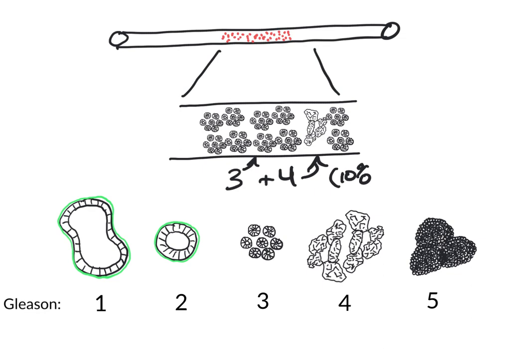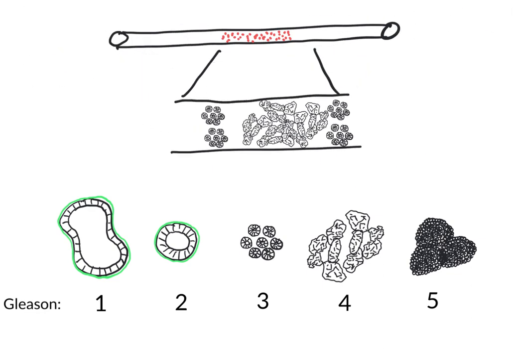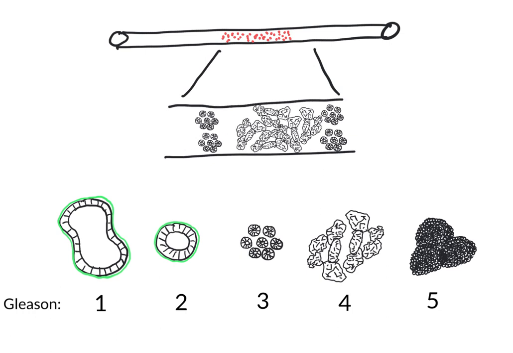Now, if the percentage of pattern 4 changes place, so it becomes the majority, then the pathologist would group this as 4 plus 3. And here you'd say, well, it looks to be about 60% pattern 4, so that number would come first.